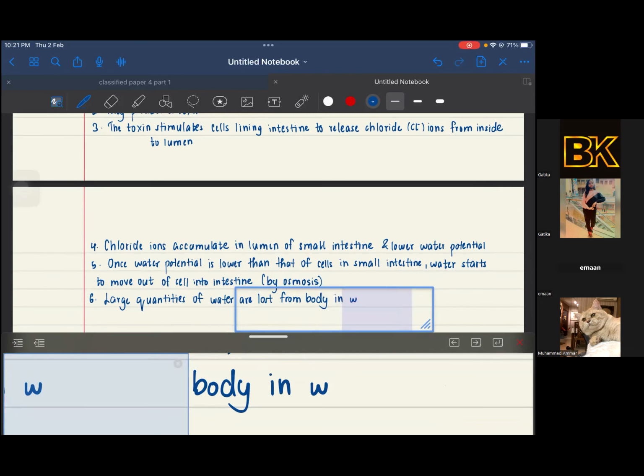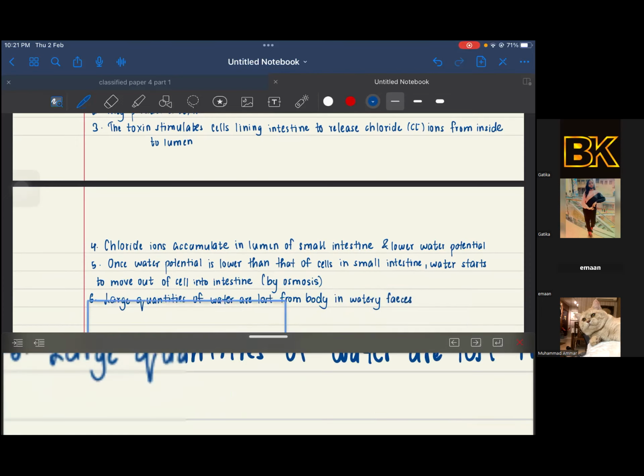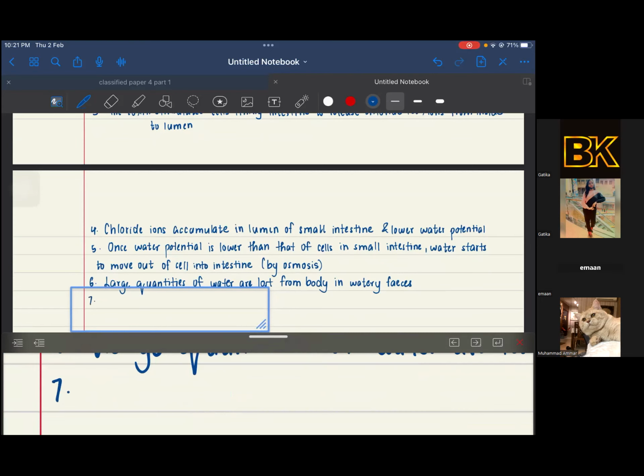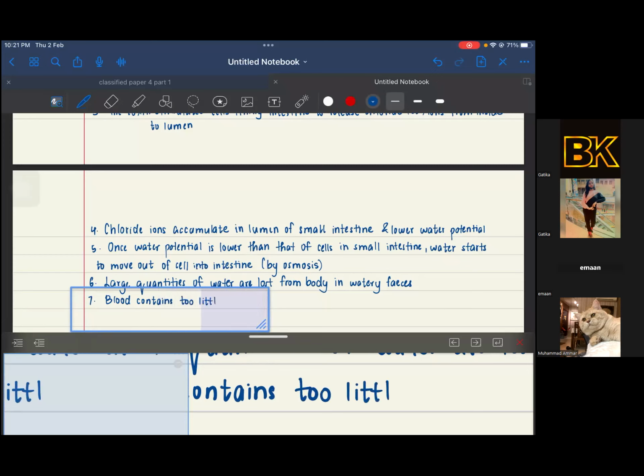Is that clear? Imar and Aman? Yeah. Okay. Cool. Blood contains too little chloride ions and water.